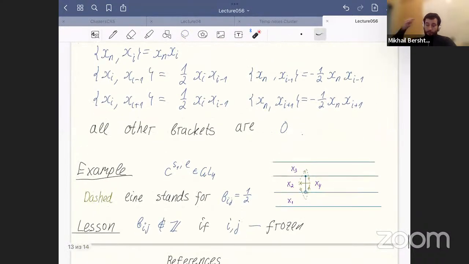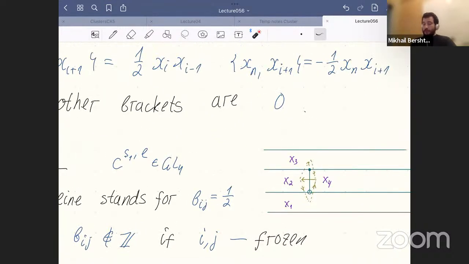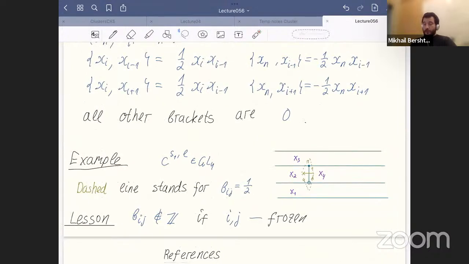Maybe it will be clearer if I show this from the picture. This is a picture for GL4, or maybe better PGL4. We have variables x1, x2, x3, and one S bar, so one vertical edge with a black end on the top, which corresponds to the variable x4.